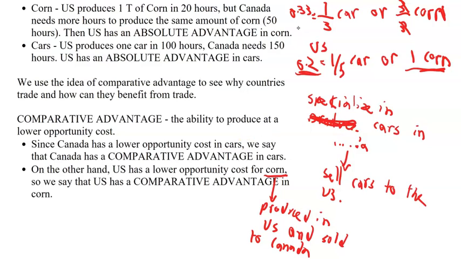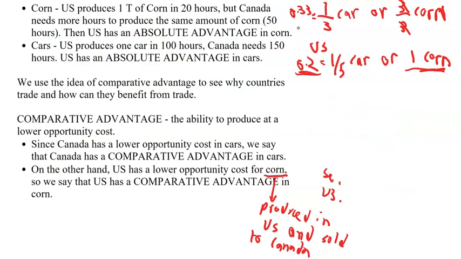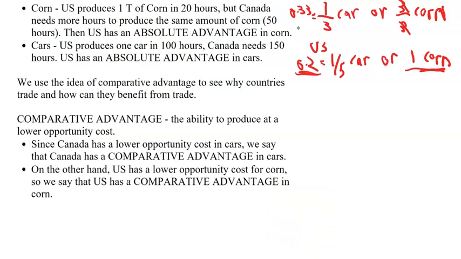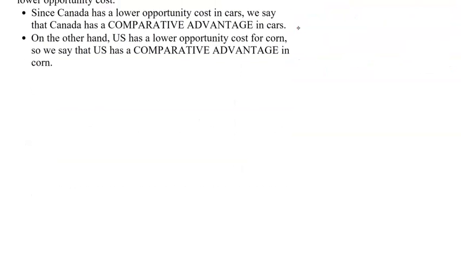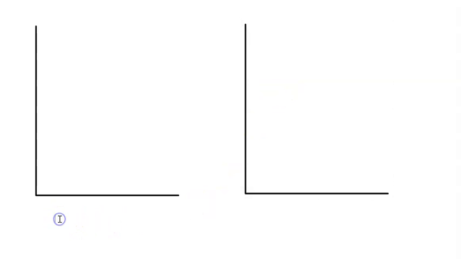So now let's look at using PPF to try to understand why the direction of trade should be this way. Why should US produce corn and sell it to Canada, and Canada produce cars and sell it to the US? So for that, we don't know the hours yet. The hours that we had was missing. But let us assume some hours, and any hours would do here.